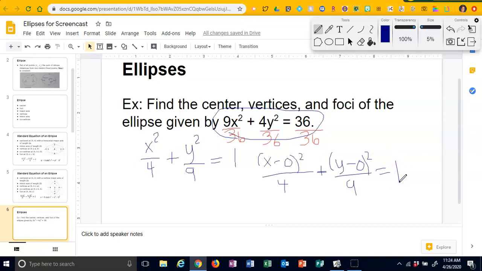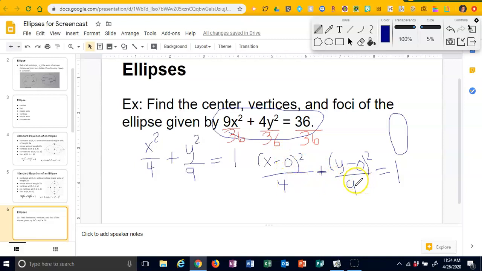Now it is in the standard form, and if you look at it, notice that the bigger number is underneath the y, and the smaller number is underneath the x part. So this tells us that our ellipse is a vertical one. And there's my attempt to draw a vertical one. That means I can locate what's a and what's b.